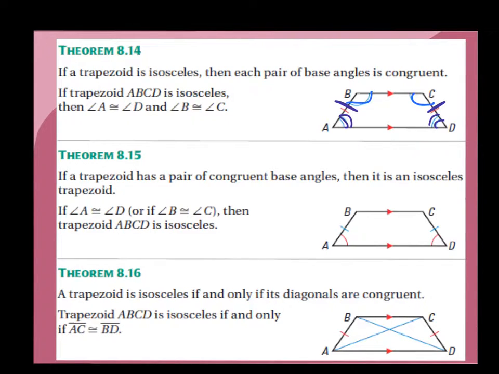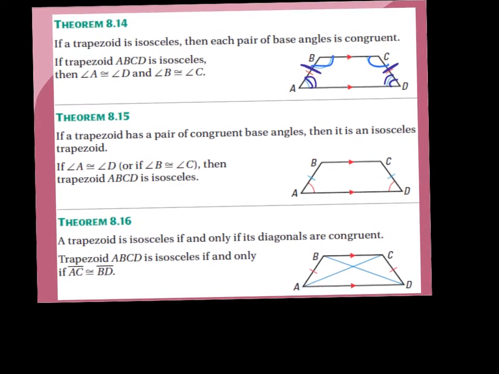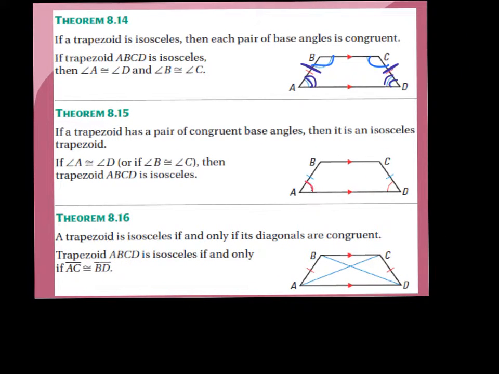The second is if a trapezoid has a pair of congruent base angles, then it's an isosceles trapezoid. So flip that statement to the converse. Now I would say if one pair of base angles is congruent, then I know that this quadrilateral is a trapezoid that is isosceles.